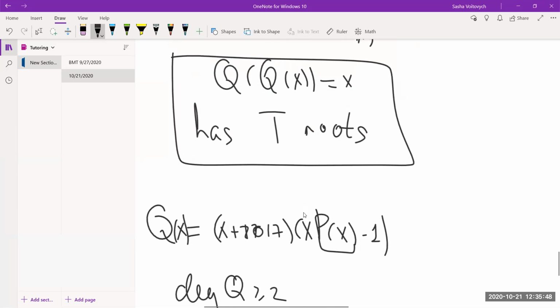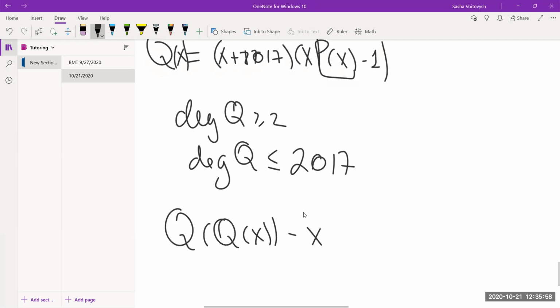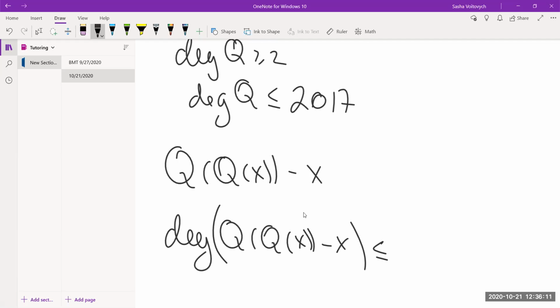So okay, this polynomial q of x minus x has a degree less than or equal to 2017 squared.